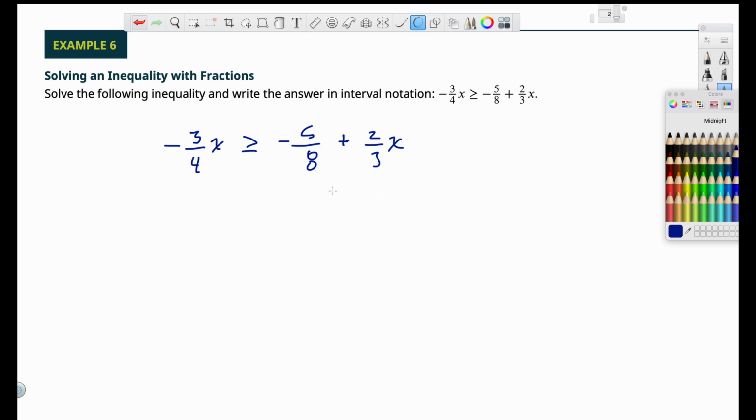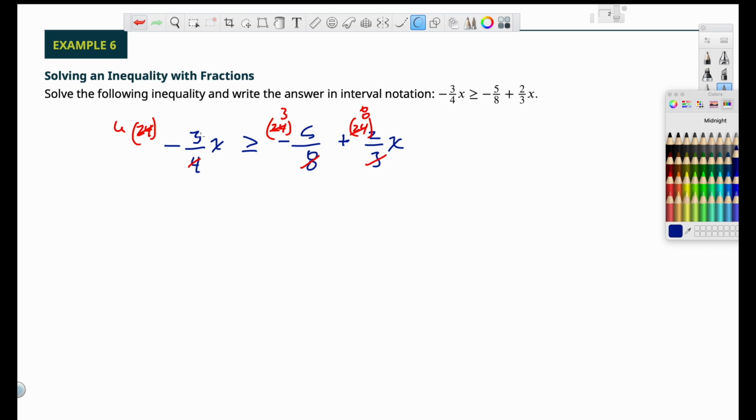So 4 times 3 is 12, but 8 doesn't go into 12. 8 times 3 is 24. 4 does go into 24. Let's multiply everything through by 24. Okay, so 4 goes into 24 6 times. 8 goes into 24 3 times. 3 goes into 24 8 times.